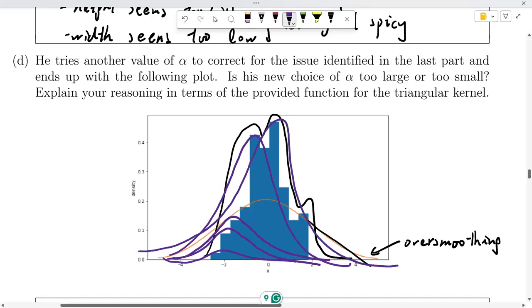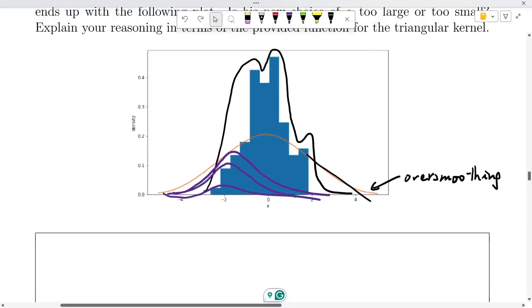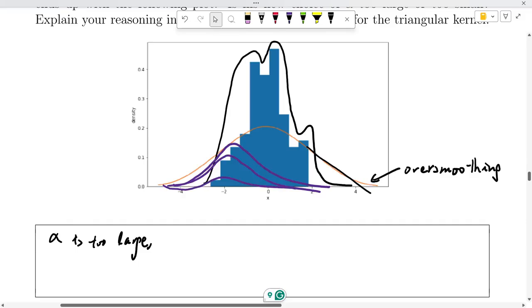And then as you see, when you sum everything together, it just looks like this very symmetric and vague curve drawn in the yellow color. Okay. So this is the case of oversmoothing. In this case, your alpha is too large. And because your alpha is too large, you should make it smaller to avoid oversmoothing.